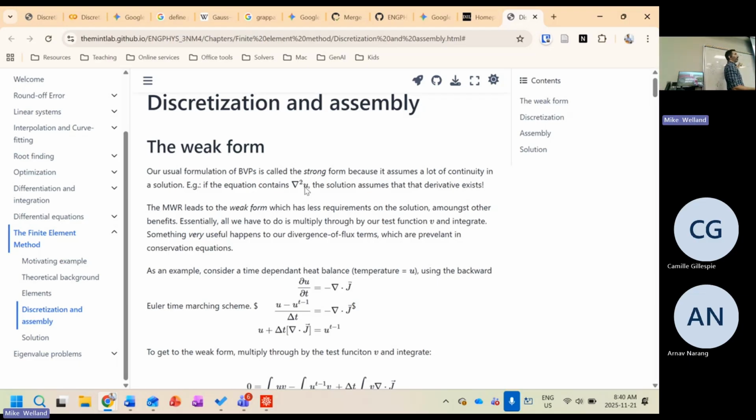Therefore, it can never solve this. It is not an admissible solution to this. But it can solve this guy, because it doesn't require the second derivative. All it requires is the first derivative and a way to calculate integrals. And how do we calculate integrals when we actually have freedom to move things around? We use Gaussian quadrature. Okay? And that's going to come out in the final part here, which is assembly.